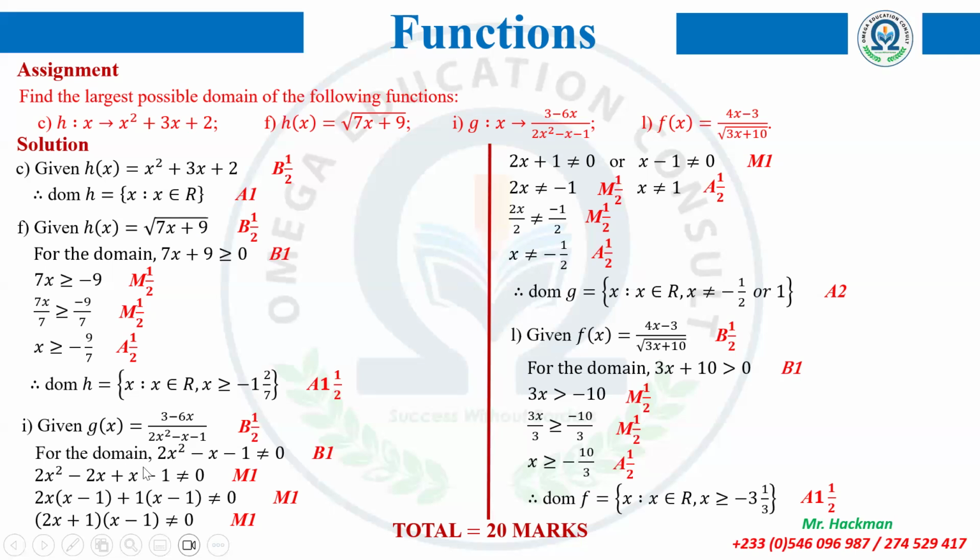Then for the domain, with this one, we have a numerator and a denominator. In the numerator, you don't have a square root, so it means the numerator is not restricted. Now the denominator, I've told you, just by virtue of the fact that you have x in the denominator of a fraction, it means your function is restricted.